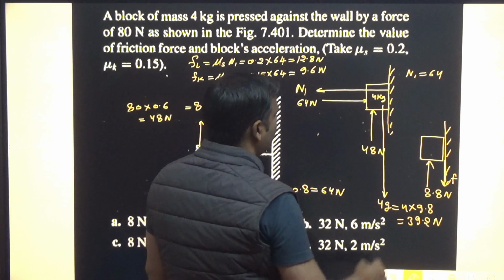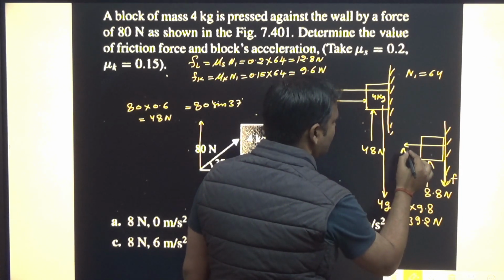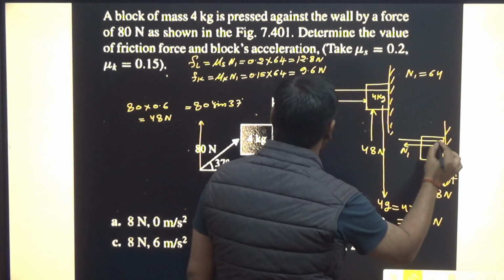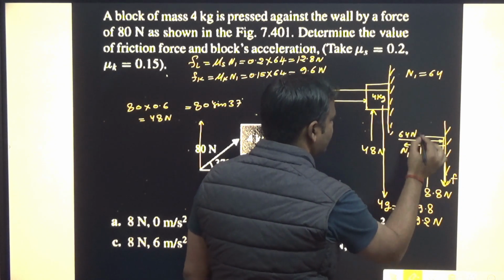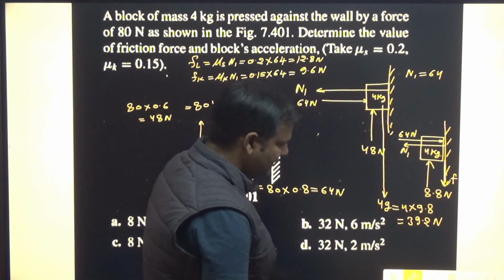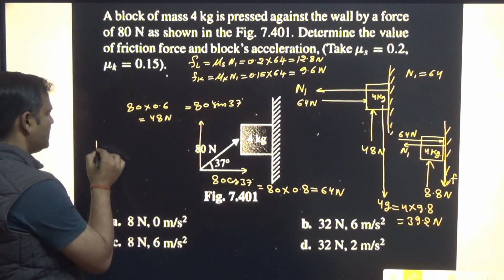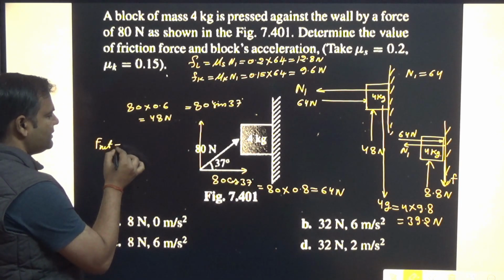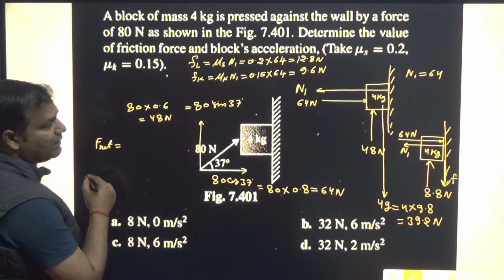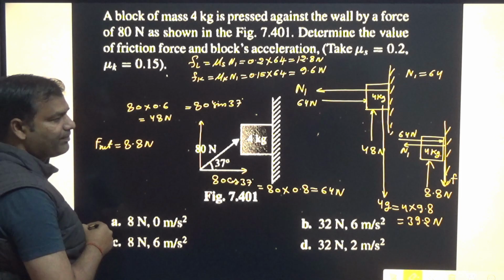And here, we have N1, here that force 64 Newton, and that is the 4 kg block. After that, the net force F net, how much is that? 8.8 Newton.